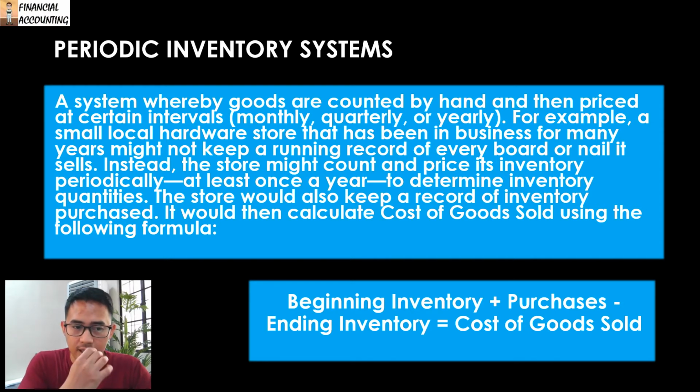So if somebody stole from your store, and you use periodic inventory system, most likely the stolen goods will be included in the cost of goods sold. But periodic inventory system is practicable to use if your items are relatively small in amount or small in value.